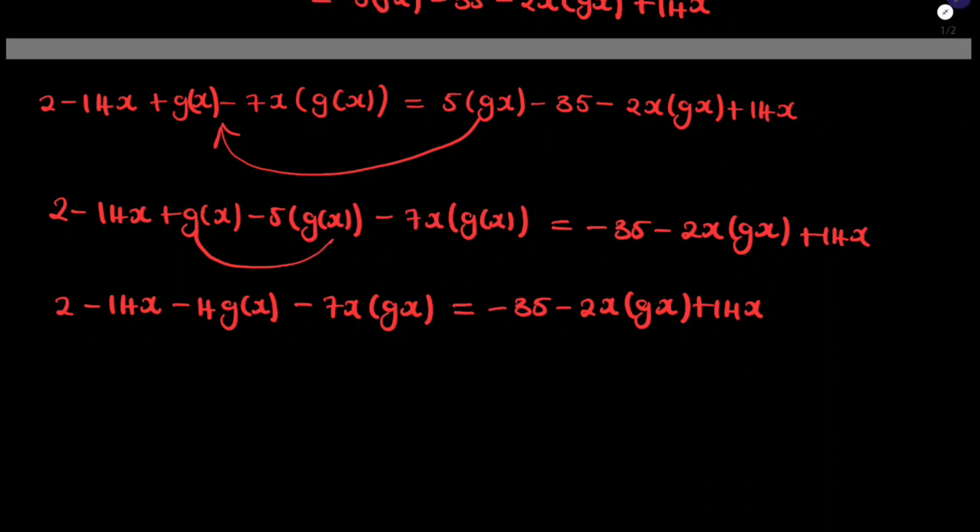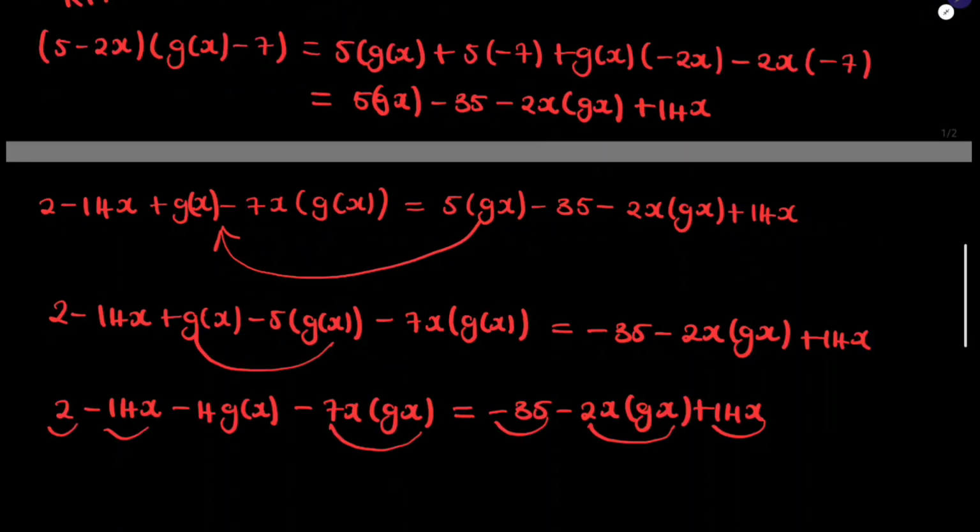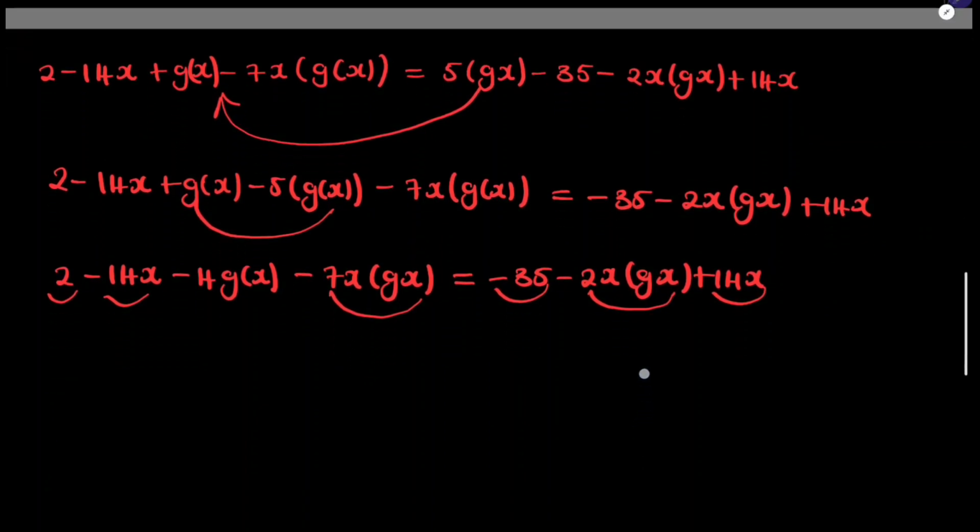So again, we can bring like terms together. So this and this are like terms, this and this are like terms, and these two are like terms. Okay, so we are going to bring all the terms with g of x on one side and the terms without g of x on the other side.